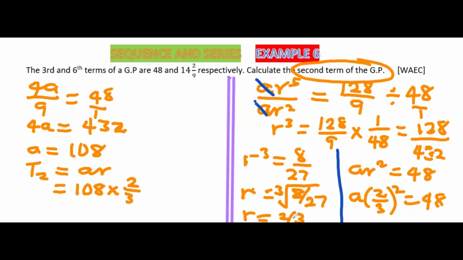If we simplify this, we get 108 times 2, 216, and 216 divided by 3 gives us 72. That means the second term is 72. So we move on to the next example.